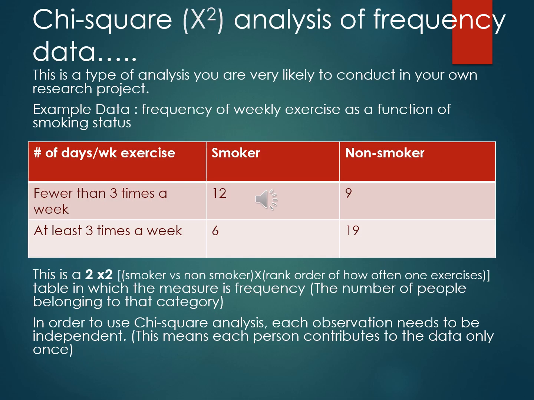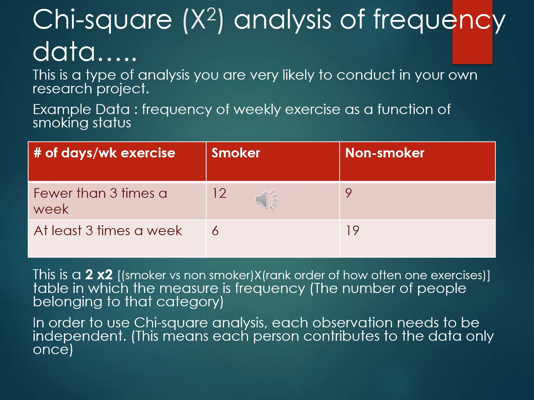Then an example of non-parametric hypothesis testing with chi-square. The chi-square works when your variable is categorical. So in this case, you have a 2 by 2 chi-square, where the two variables are smoker versus non-smoker, and exercising fewer than 3 times a week versus at least 3 times a week. You can see 12 people are smokers who exercise fewer than 3 times a week.